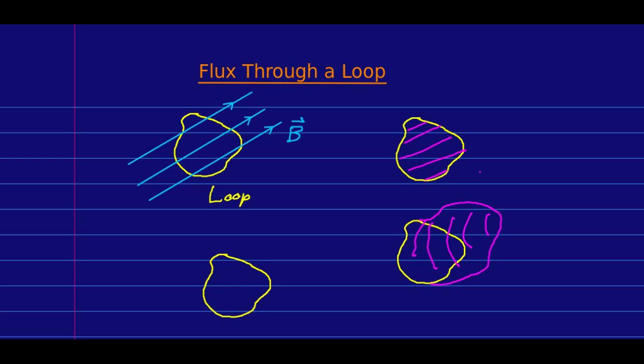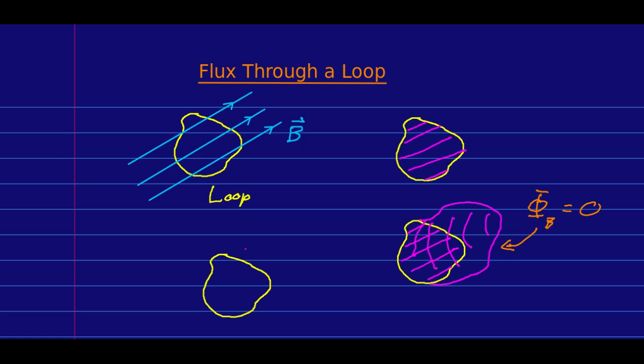Well, would these have different fluxes through them? Well, the thing to realize is that if you calculate the flux through both of them, you end up with a closed surface. And so the flux through that closed surface must be 0.